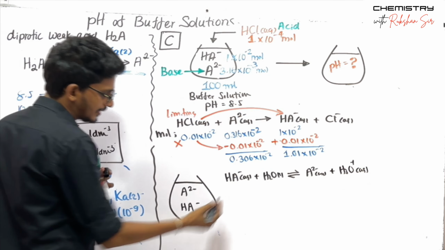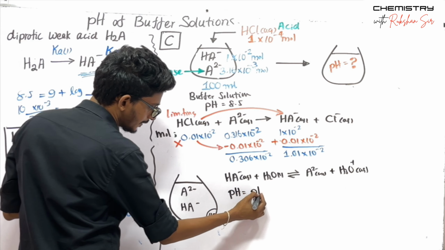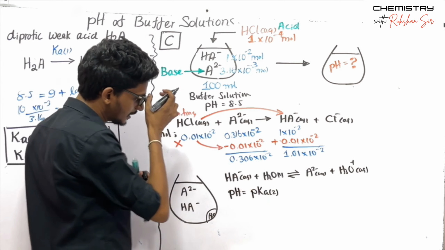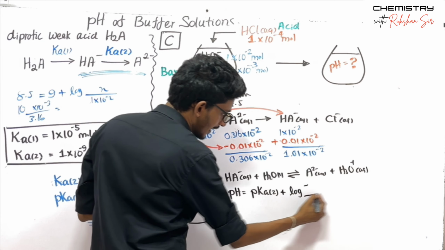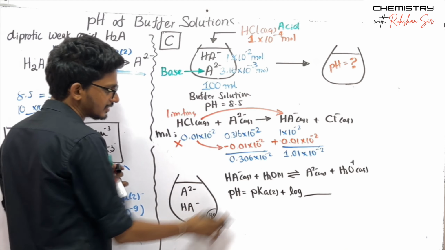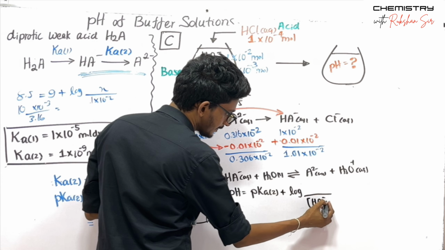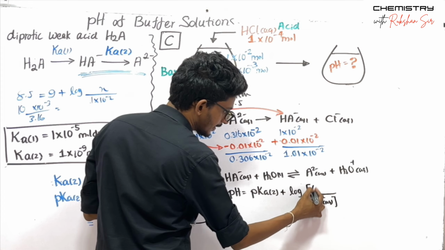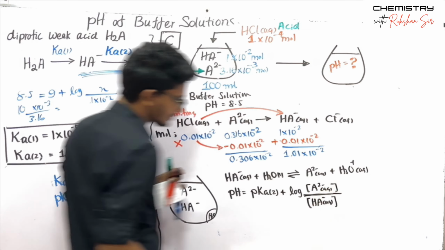So if you are considering the Henderson's equation there, pH is equal to pKa2. This is the Ka2 expression, right? Plus log. At the bottom you have the acid HA minus. At the top you have the conjugate base, right?